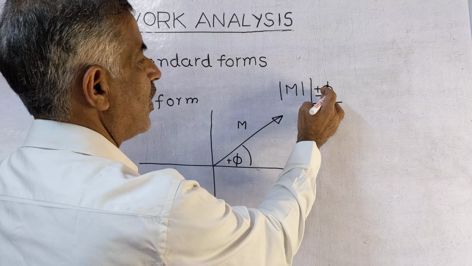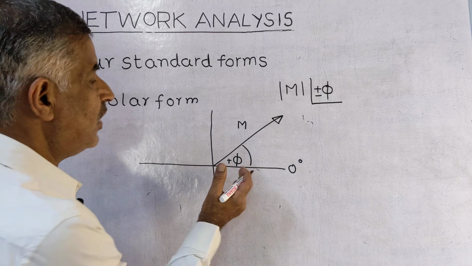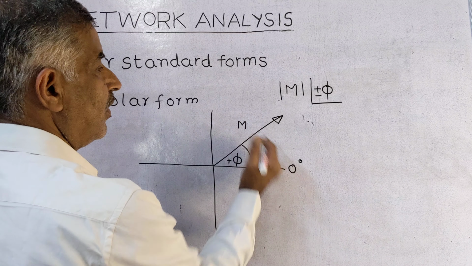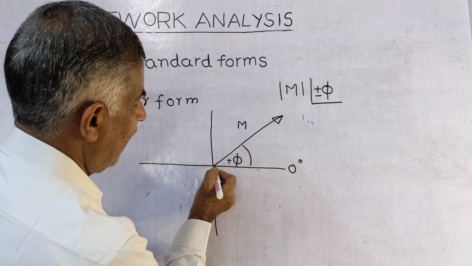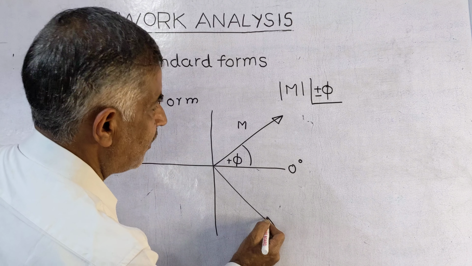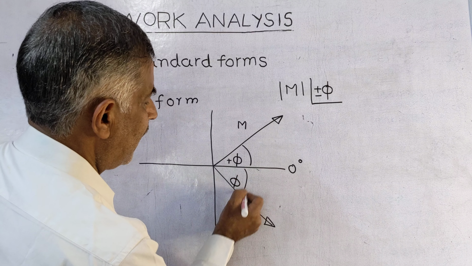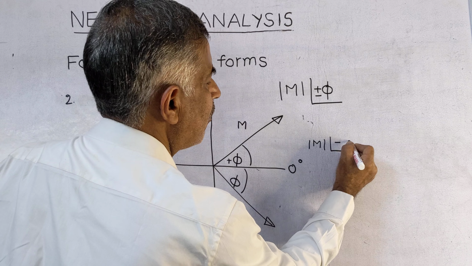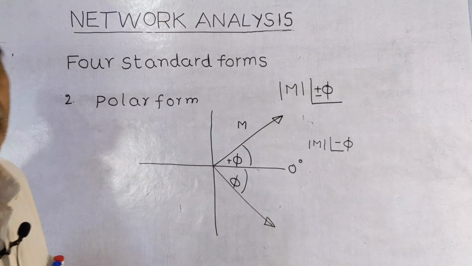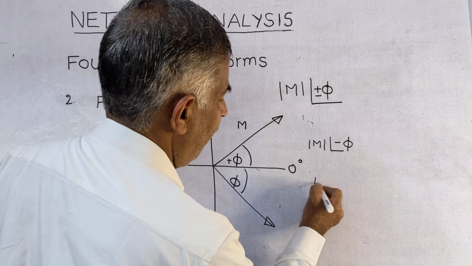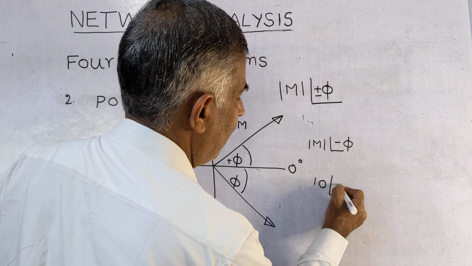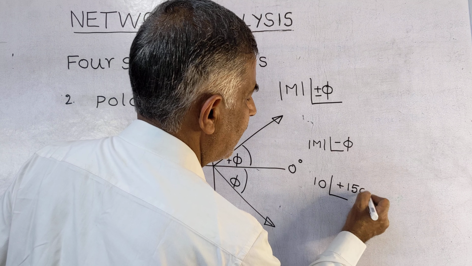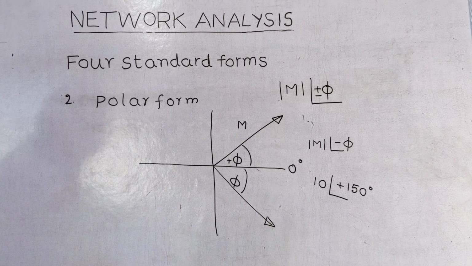So mod m, and phi can be plus or minus. In this case, phi is plus. For example, if the same phasor is positioned like this, then we indicate it as mod m angle minus phi.